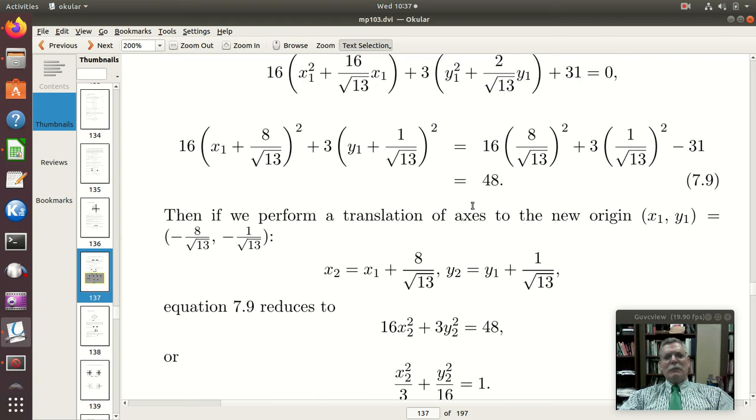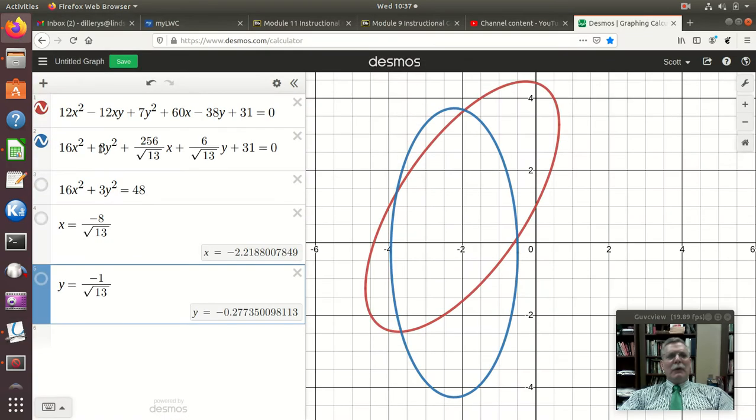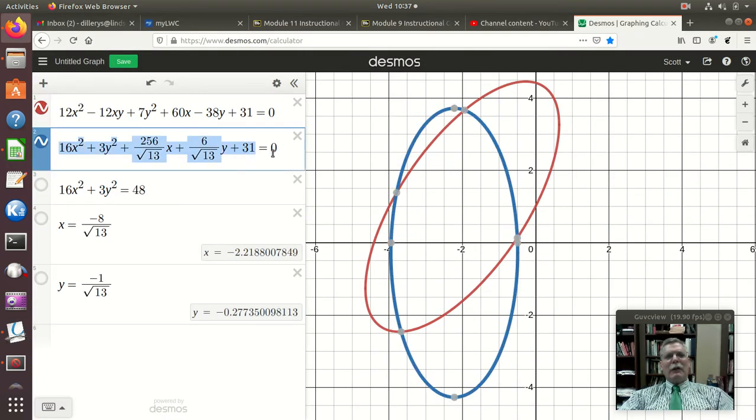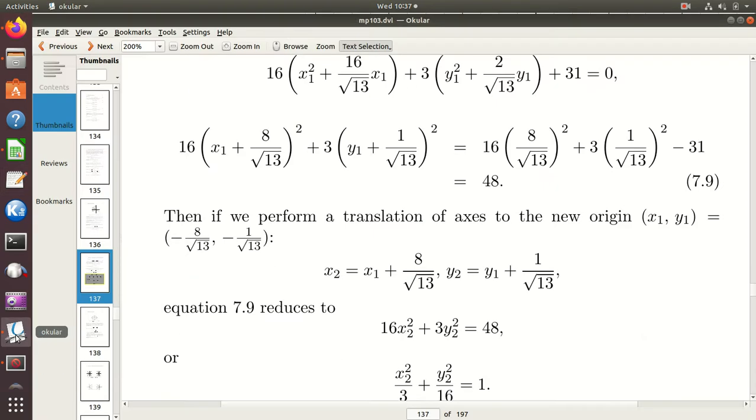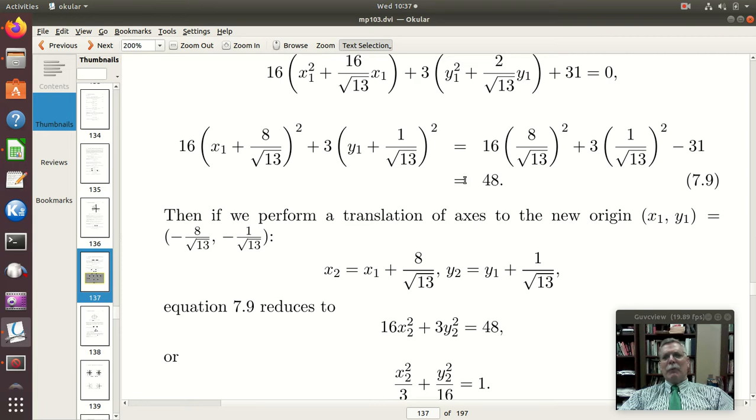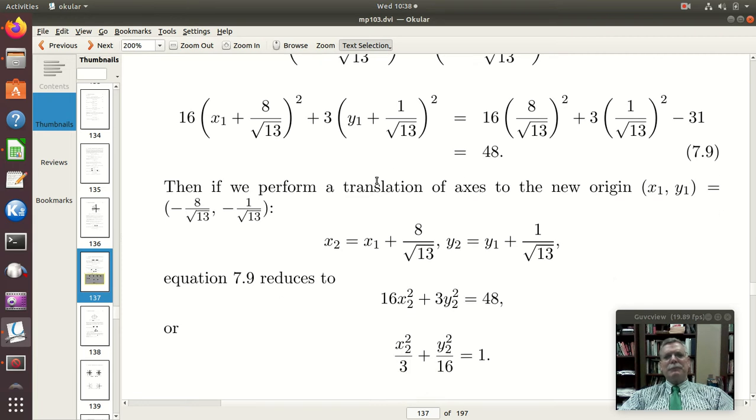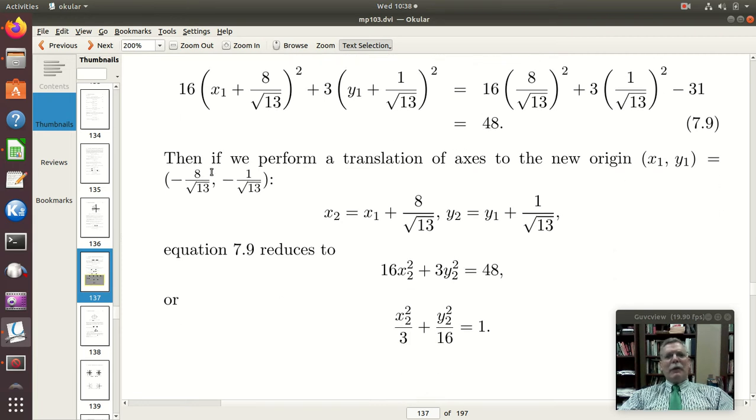And so that means we could write this same thing I have plotted here in this other form, with the squares completed and so forth equals 48. So now they do another substitution where they pull those off. So they want the new origin to be at that spot.